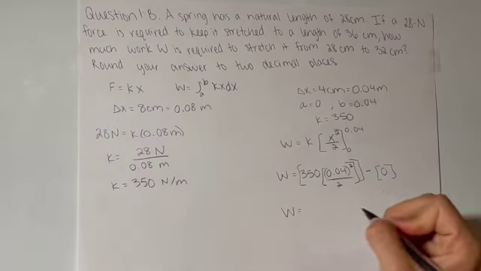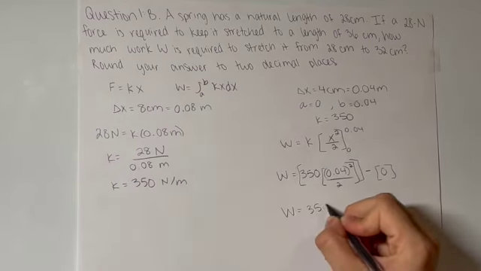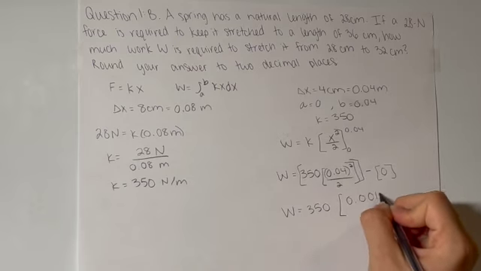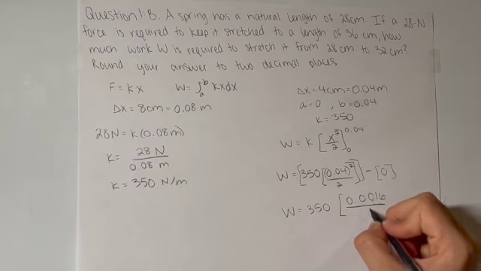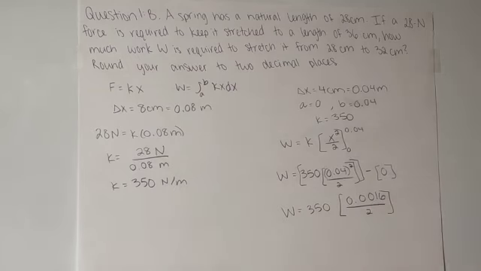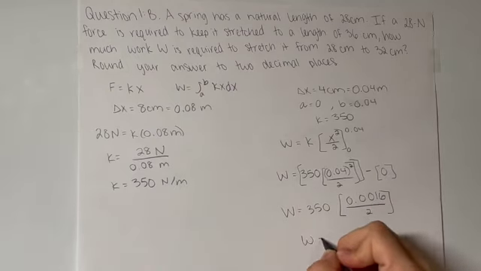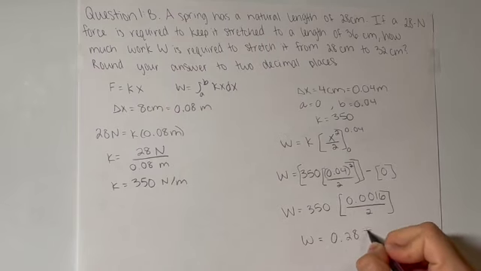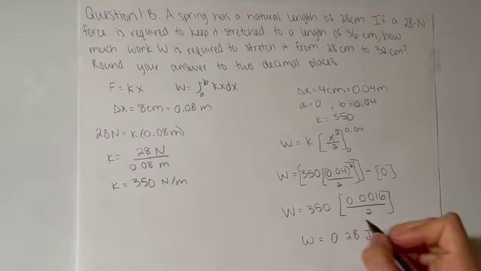This is equivalent to 350 times 0.0016 over 2, which then gives us work is equal to 0.28 joules. And that is our final answer.